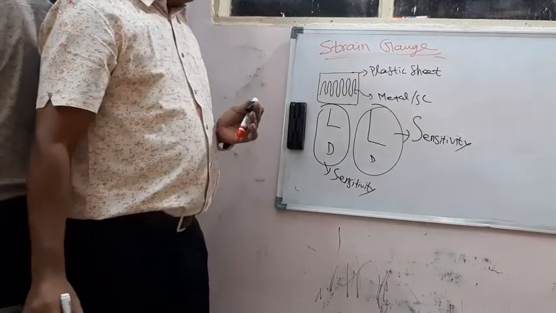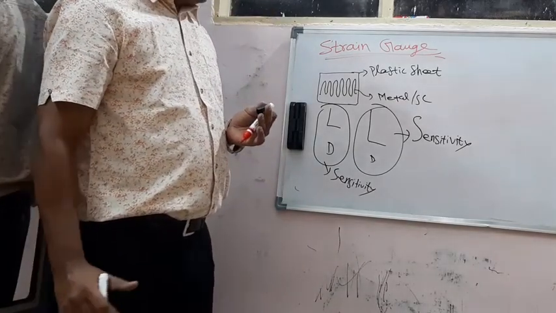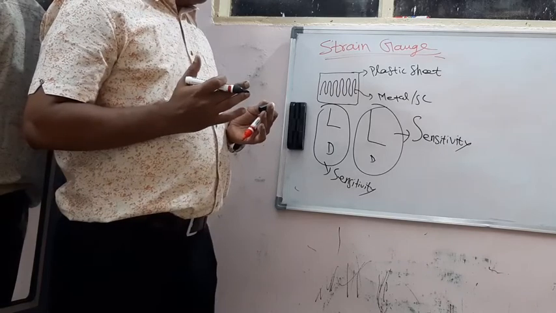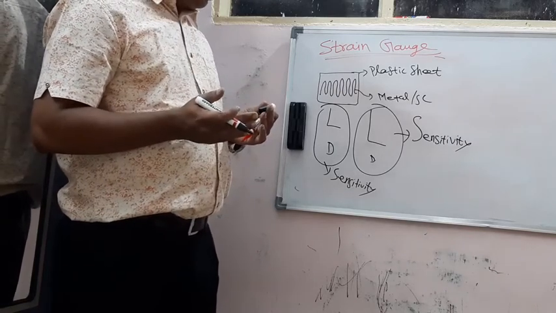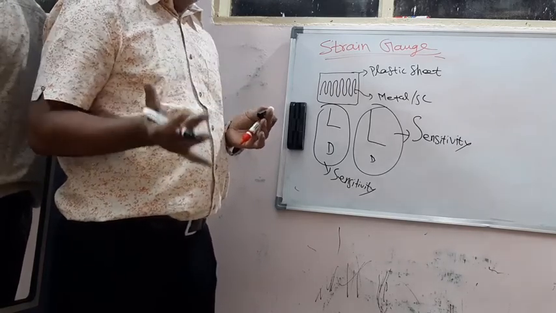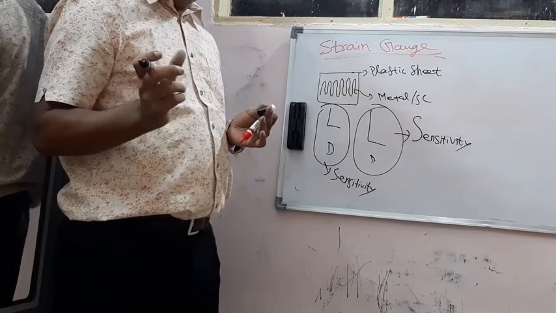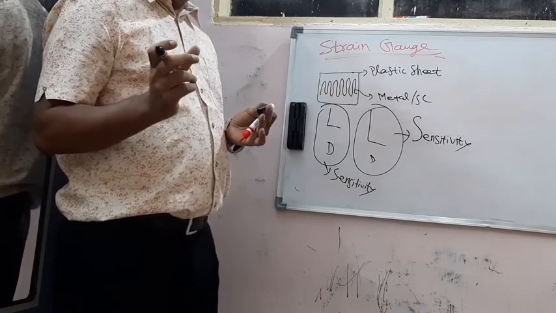So most strain gauges use metals or semiconductors with very high length and very small thickness.